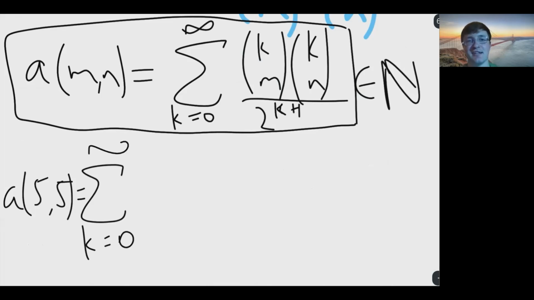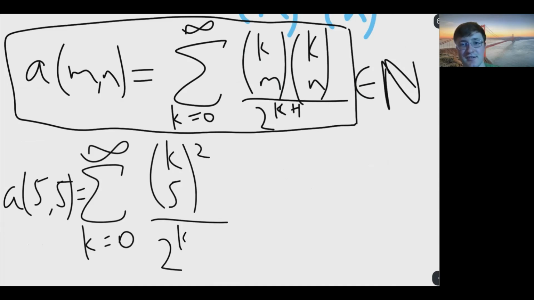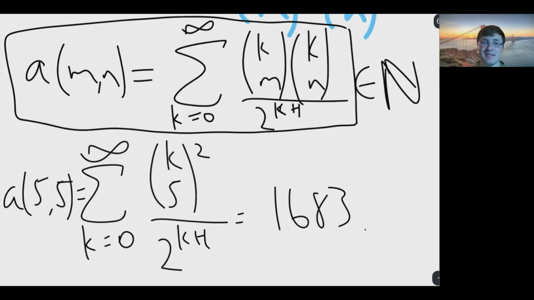Now, I won't get any contributions from k less than 5, but I'll just keep the indices starting at 0. So I get k choose 5 squared over 2 to the k plus 1, and that equals 1683. So that's a pretty bizarre identity that would be hard to prove with other methods if you didn't know this trick.